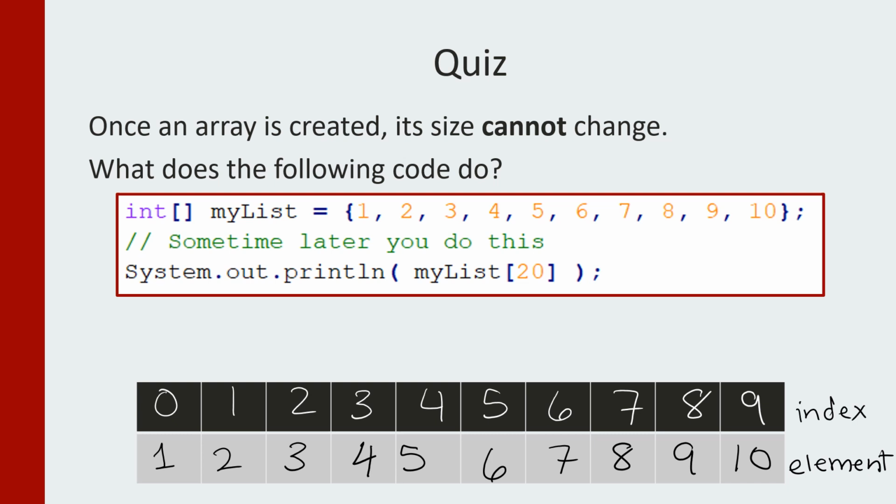And then this code says, what is myList at 20? And you know, 20 doesn't exist. So my question for you is, what's going to happen in this code? If you try to run this, what will Java do?